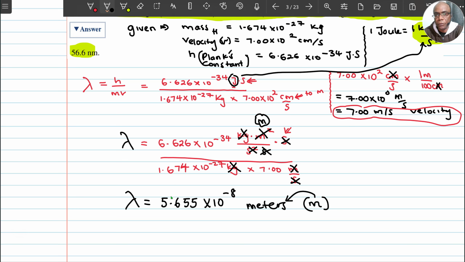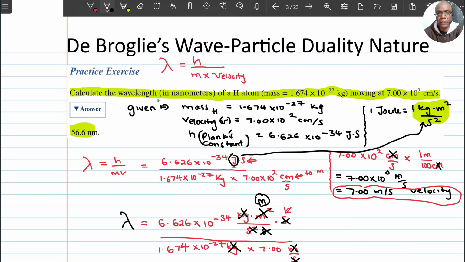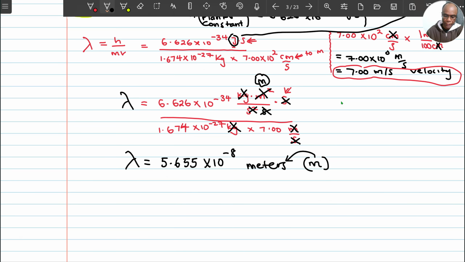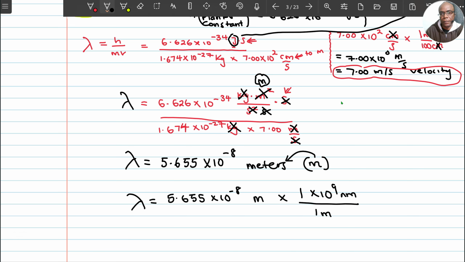If you go back to the question, it wants you and me to calculate the wavelength in nanometers of a hydrogen atom with a mass of 1.674 times 10 to the power minus 27 kilograms moving at a velocity of 7 times 10 to the power 2 centimeters per second. So now I need to do some conversions here. To convert this answer to nanometers, I know that 1 times 10 to the power 9 nanometers is equivalent to 1 meter. Again, my units are cancelling out.